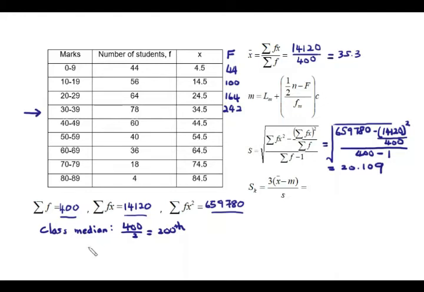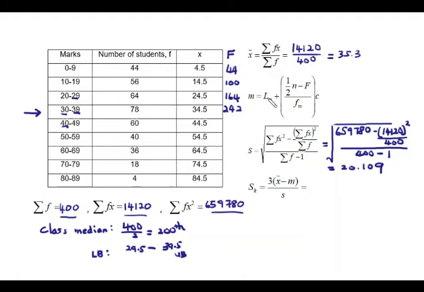Its lower boundary is 29 plus 30 over 2, that is 29.5, and its upper boundary is 39 plus 40 over 2, that is 39.5.